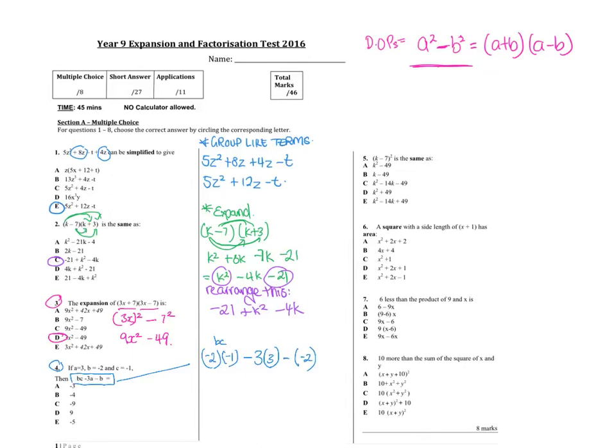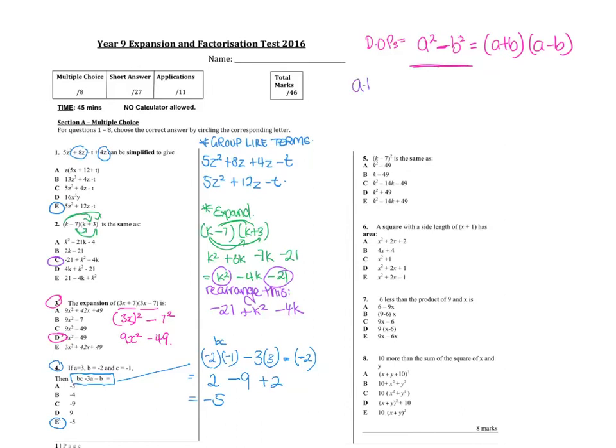So if we expand that out, -2 by -1 is +2. And -3 times 3 is -9. And then this minus and another minus will become a plus, so we get +2. If you group all that, we get -5. So E.